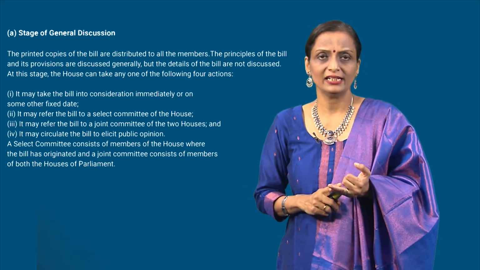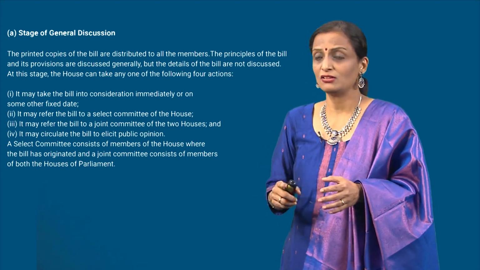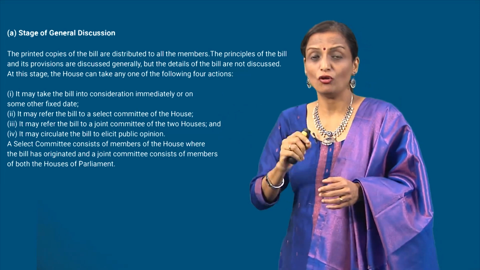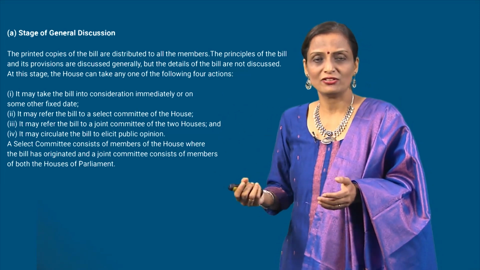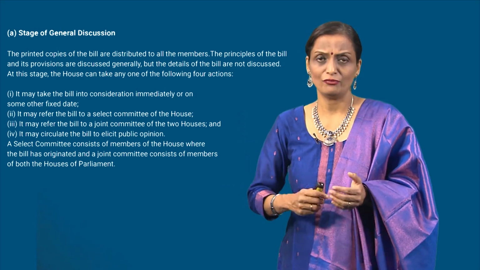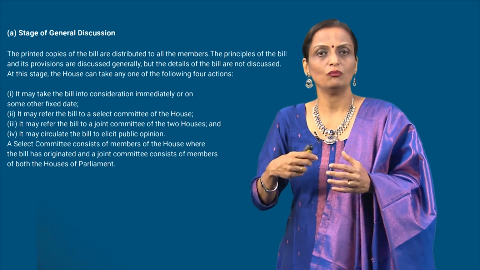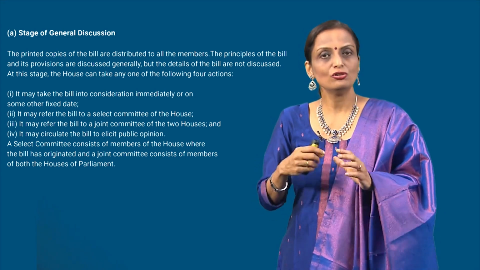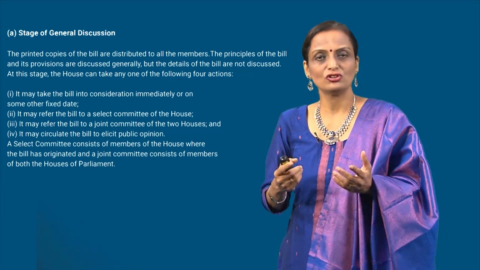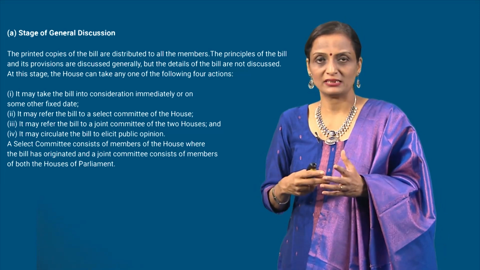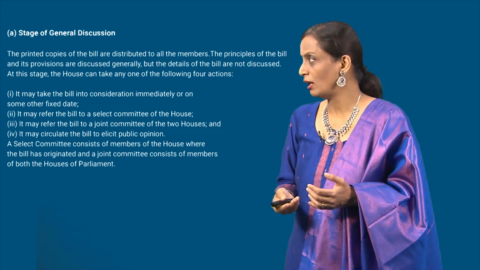The second reading will have a few stages, and the first primary stage is the stage of general discussion, and under general discussion, you need to see where the bill comes from. If the bill comes from one particular house, then you should have members representing that house, or it can have a joint session with representatives from both houses, that is, the upper house and the lower house.